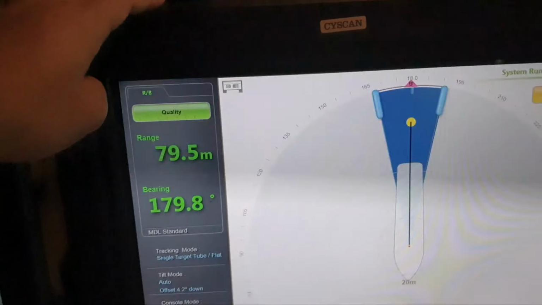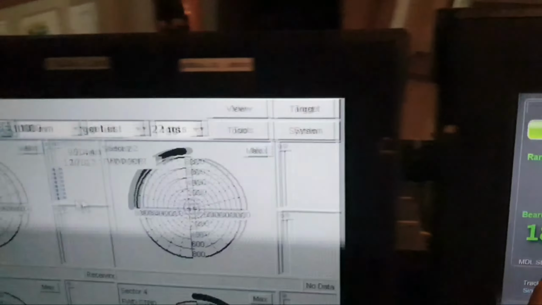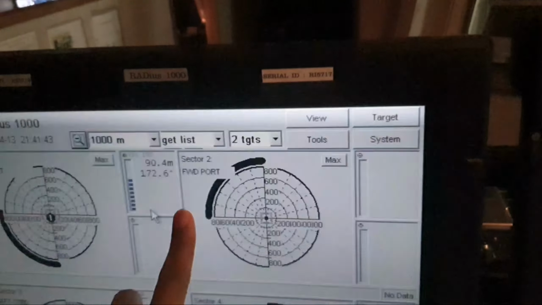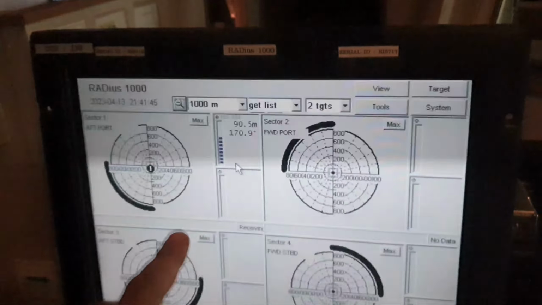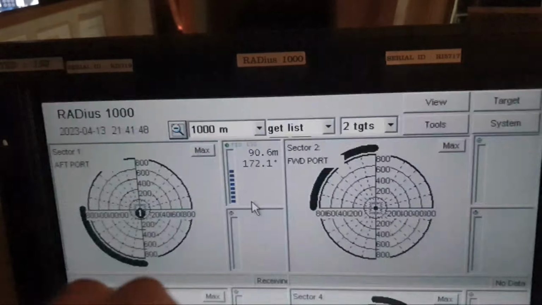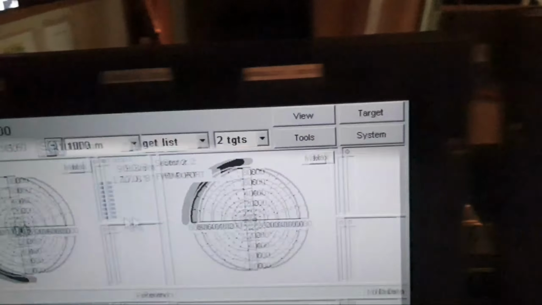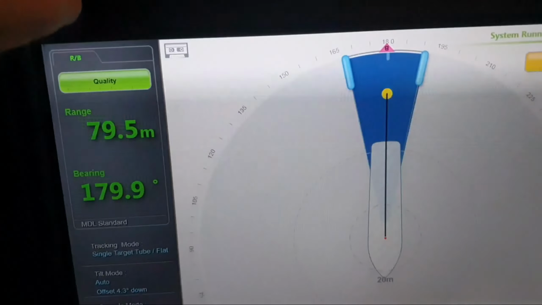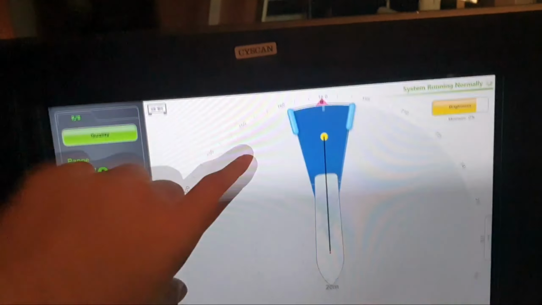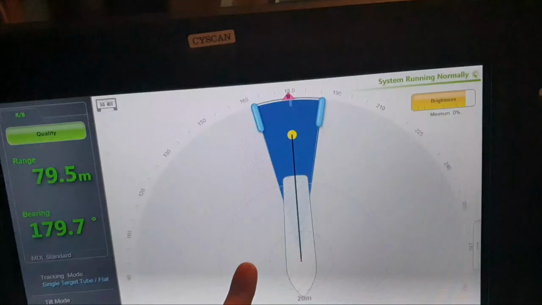So guys, this is the SceneScan. It works on the principle of laser. The difference between Radius and SceneScan is that Radius, as the name says, works on the principle of radar. It sends some waves and catches them, and that is how it computes the actual range and bearing.